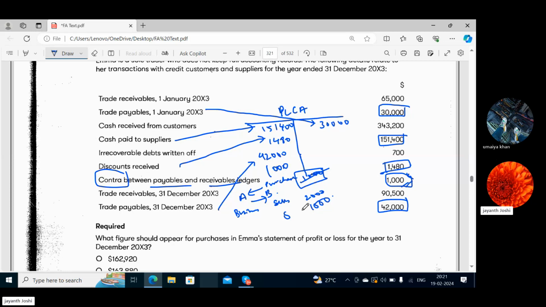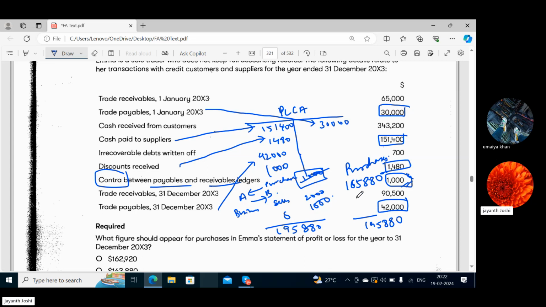Then we have to make a total of all this. So debit side total is how much? 151,400 plus 1,480 plus 42,000 plus 1,000 is 195,880. Same will put here. 195,880 minus 30,000 is 165,880. So that is the amount of purchases which has been asked in the sum.